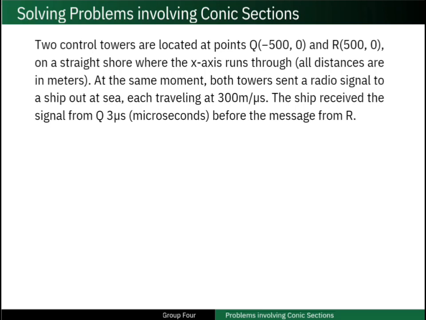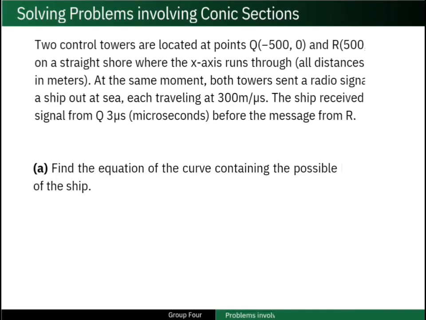All distances are in meters. At the same moment, both towers sent a radio signal to a ship out at sea, each traveling at 300 meters per microsecond. The ship received the signal from Q 3 microseconds before the message from R. A. Find the equation of the curve containing the possible location of the ship.